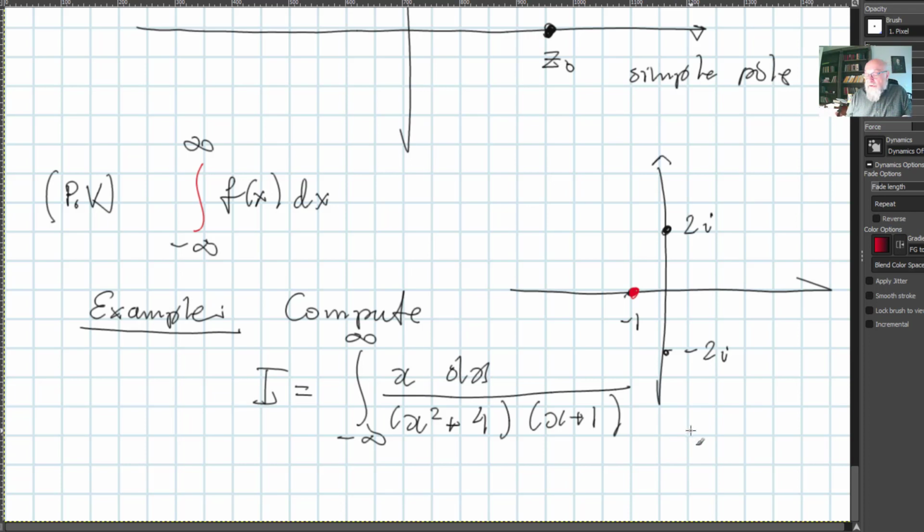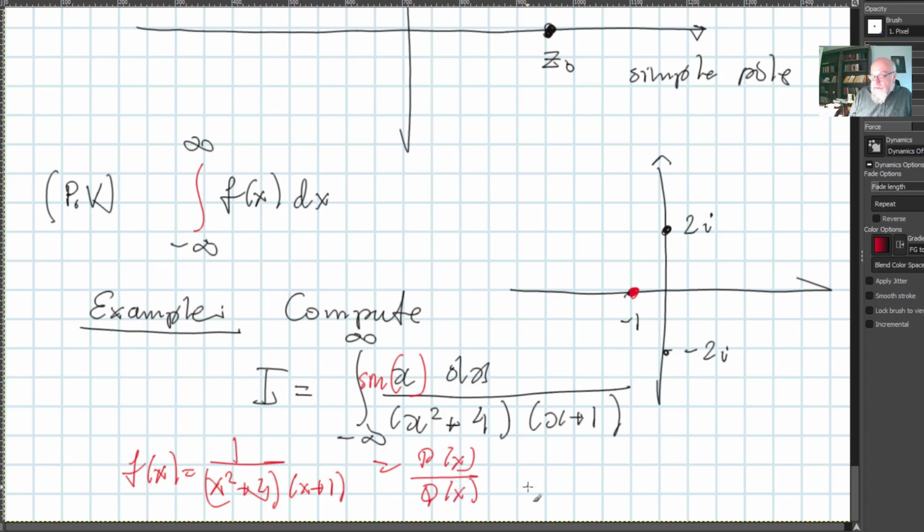I want to have here sine of x, just for the purpose of non-triviality. So we have that our function f of x, in this case, is equal to 1 over x squared plus 4x plus 1, which is p of x over q of x, and that has violated the assumption.